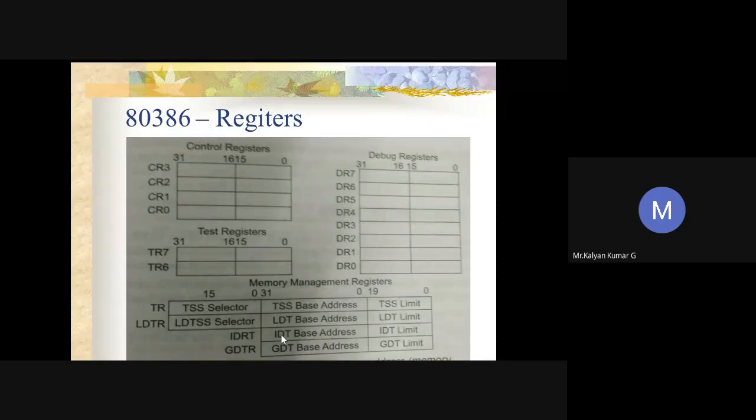And below are the registers mainly used for memory management, the system address registers. All are 32-bit in nature, and all are used to hold the base address of the corresponding segments, such as the corresponding LDTR.